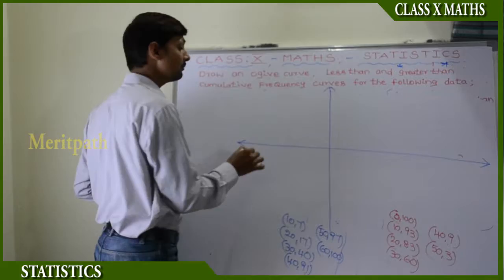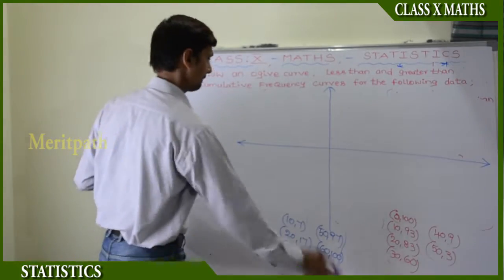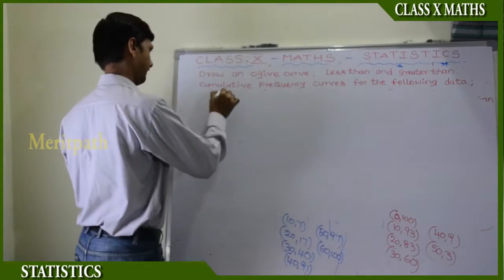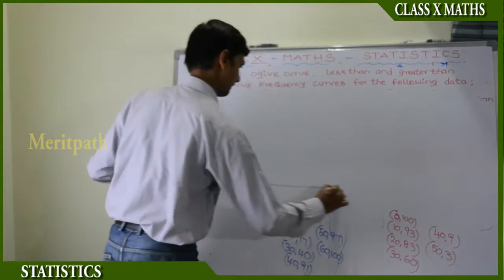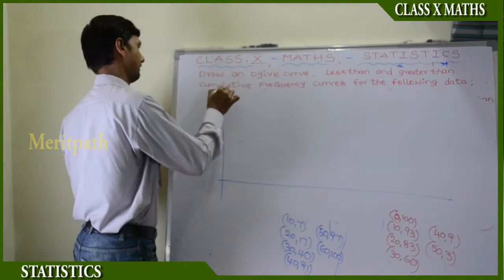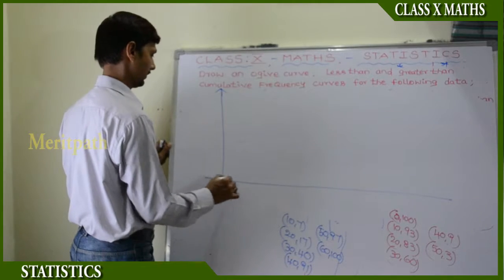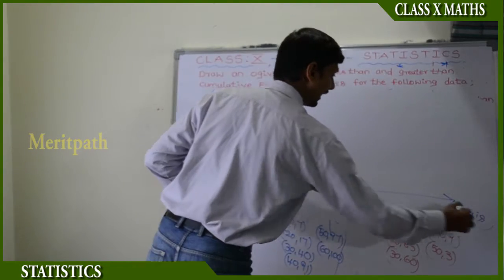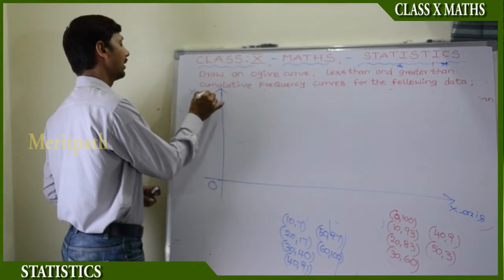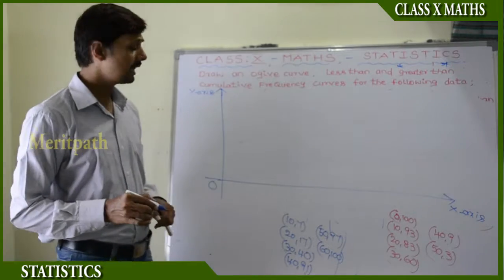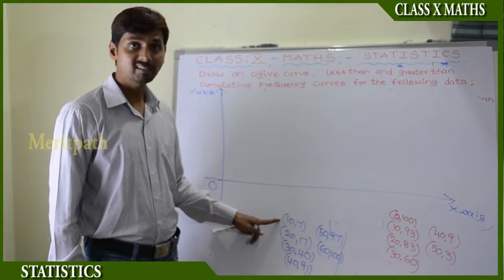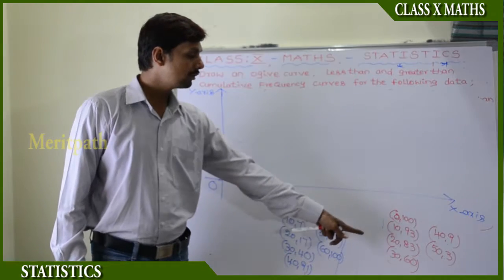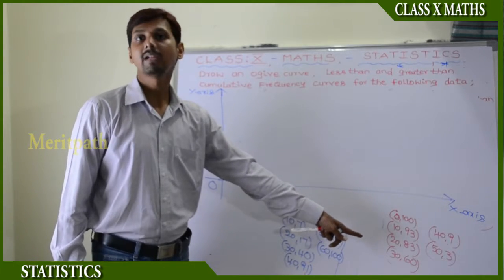Let's take the x-axis and y-axis. This is the x-axis, here's the line, and the y-axis is here. We have observed these points, the x coordinates are 10, 20, 30, 40, up to 50.